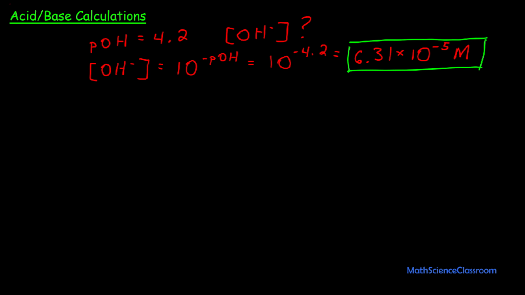So let's try another problem. We are given the concentration of hydroxide of 2.7 times 10 to the negative 4.